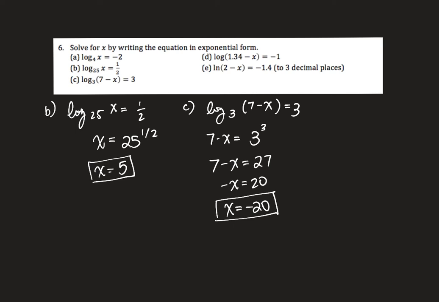So what you would do, say for example, you wanted to check this letter B in your calculator, you would put log(5) over log 25 equals, and you should get 1/2, because basically you're trying to check log base 25 of 5 is equal to 1/2.